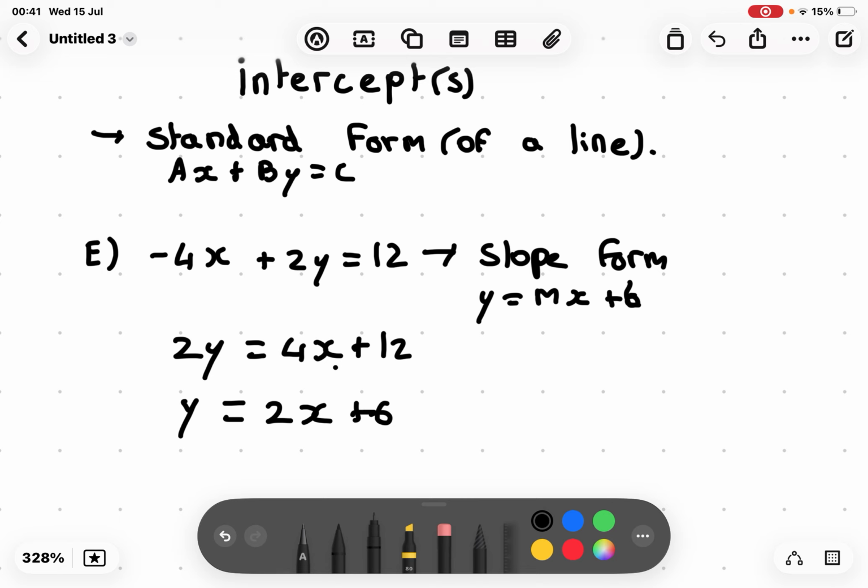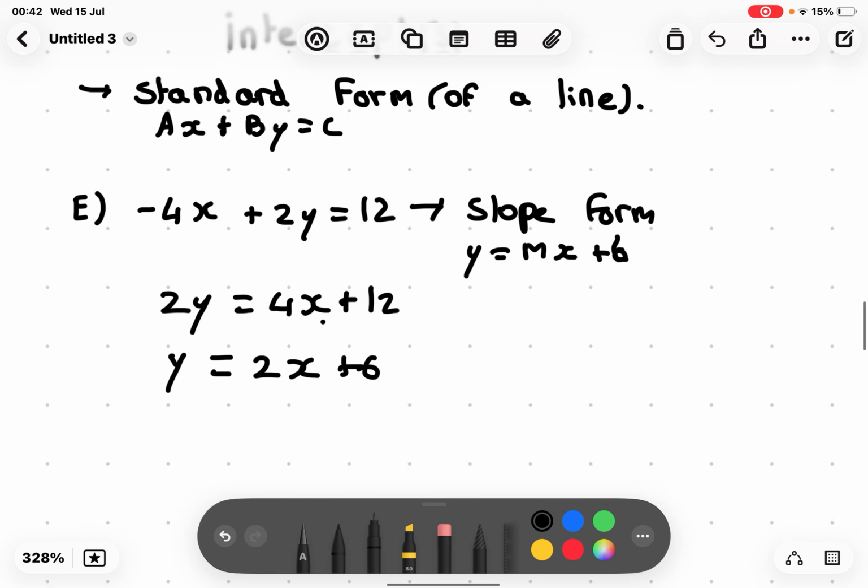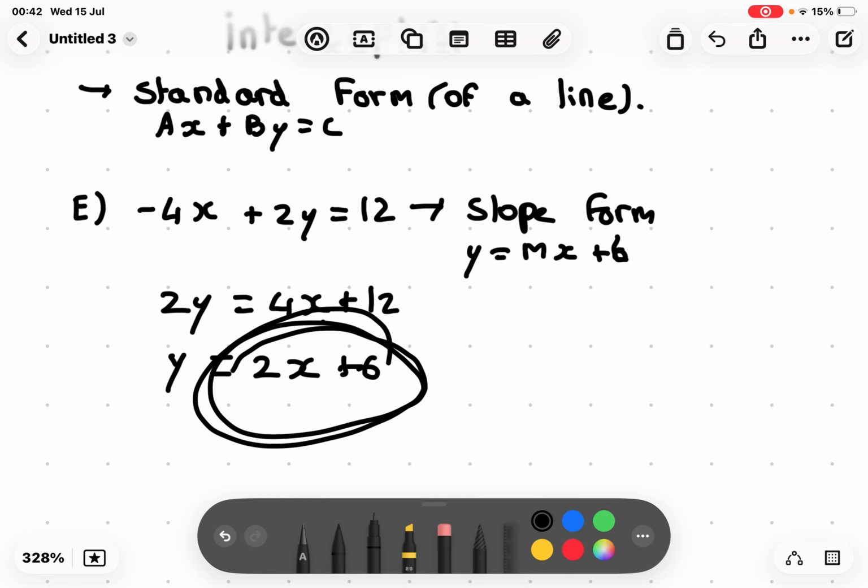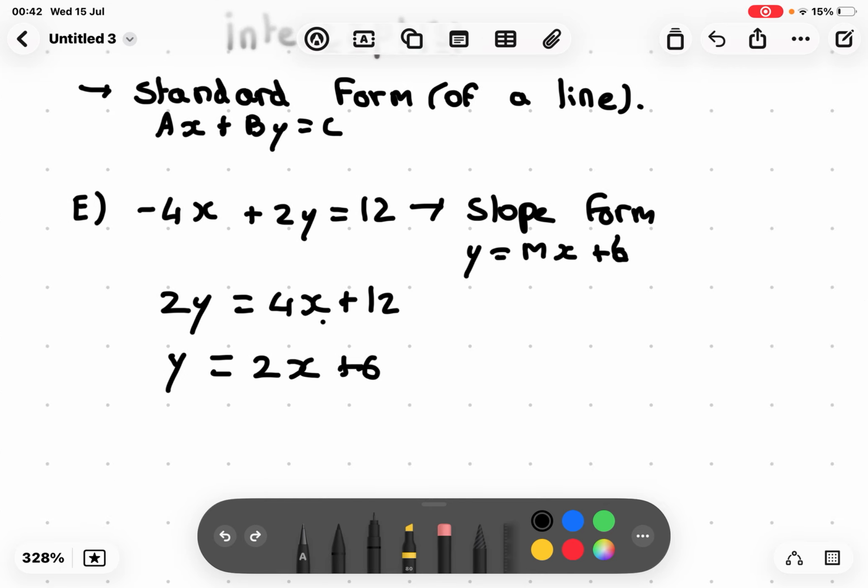And then you get this. Well, you found all the stuff, so you're going to be able to put it on a graph.